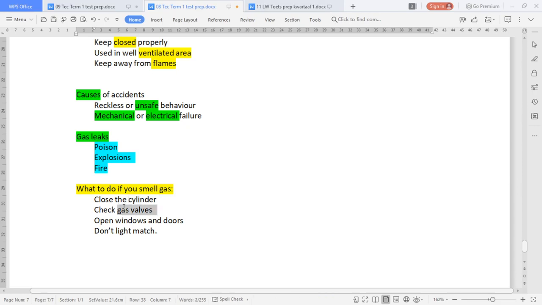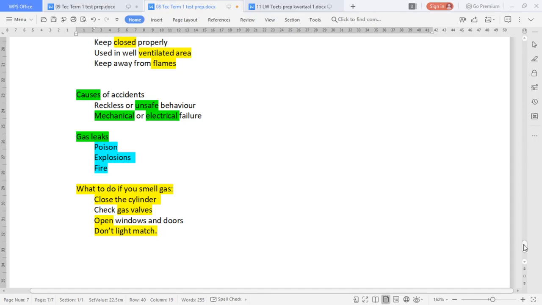So you check the gas valves to make sure that it's not leaking, to find out where it's leaking. You close the cylinder. So you make sure that the cylinder is closed, that gas is not leaking out. You have to open the windows and the doors to get fresh air so that you don't get poisoned. And do not, under any circumstances, light a match. Because we said fire, explosions, do not light a match.